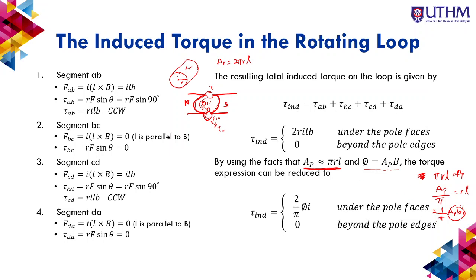Therefore we can replace it as 2 over pi, flux, and I. So this is the resulting induced torque for the DC motor for the single rotating loop.